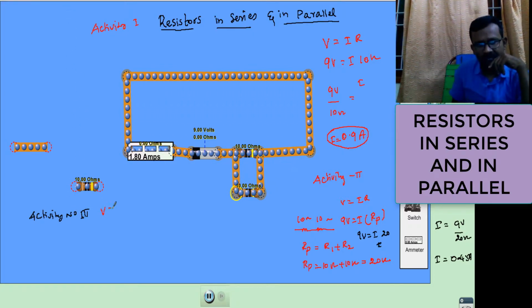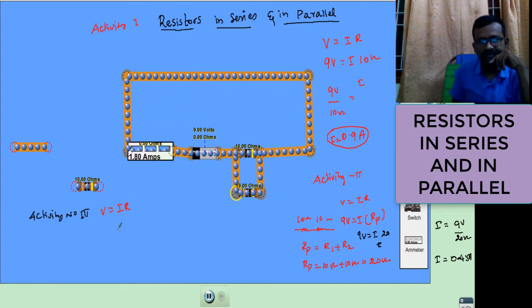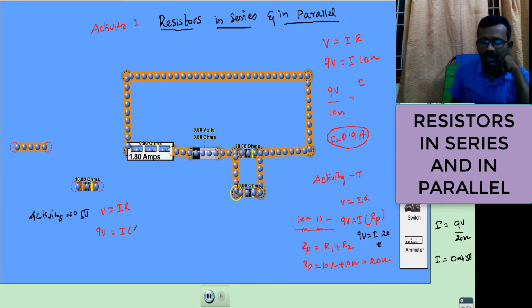Again we use Ohm's law. V is equal to IR. V is the same 9 volt battery. We want to find out the I. What about R? The resistors are in parallel. Oh, sorry, the earlier one was RS, resistors in series. So RP is for parallel.